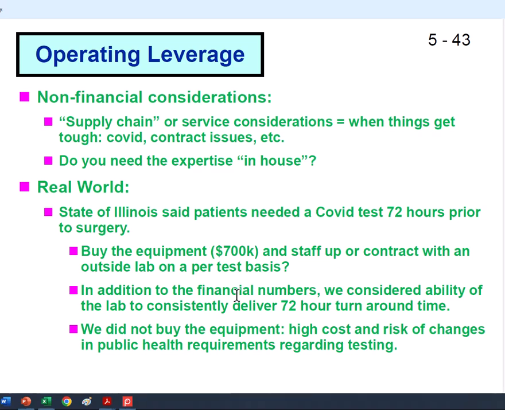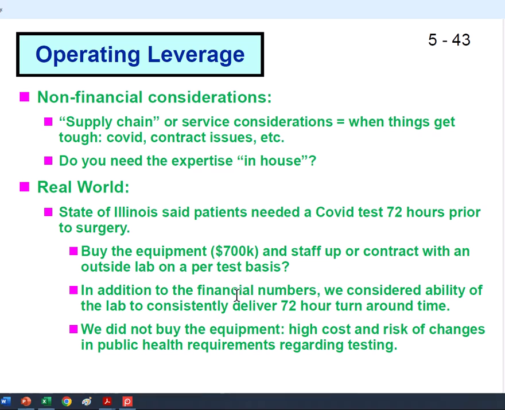But how long was this 72-hour testing requirement going to be in place? We buy the machine, and then two months later the State of Illinois says you don't need to test anymore. I forget how long it was in place.